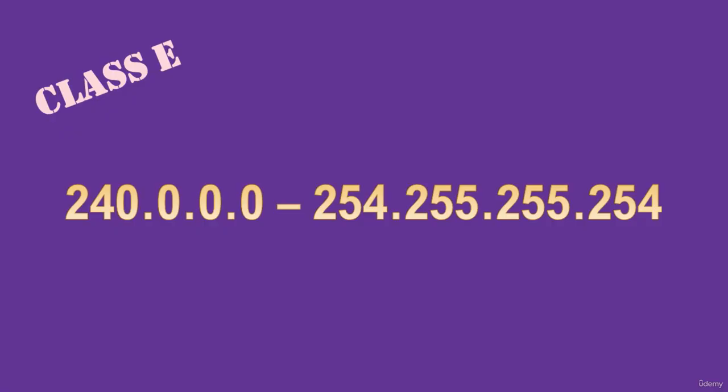Class E addresses are not used on the Internet. It has been stored for research and future use. 240.0.0.0 through 254.255.255.254 is an E-class IP address.